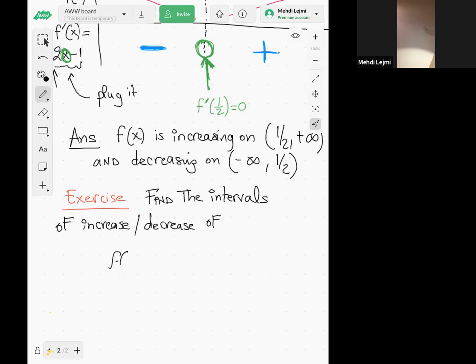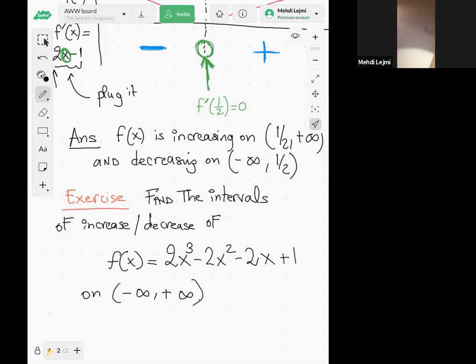Let's say your f of x is equal to 2x cubed minus 2x squared minus 2x plus 1. That's your function f on the interval negative infinity, positive infinity.